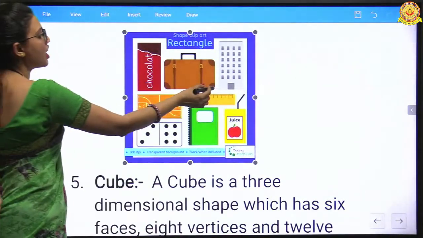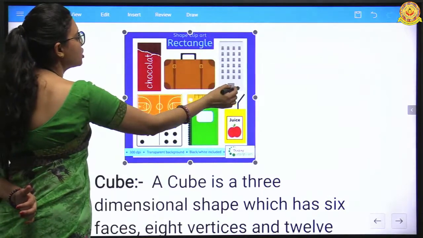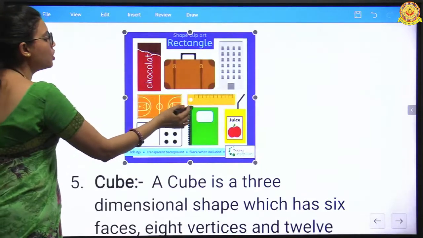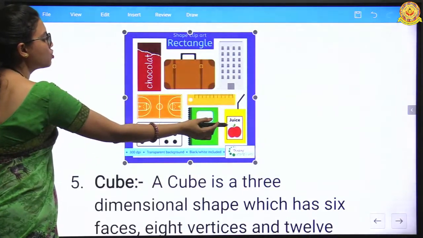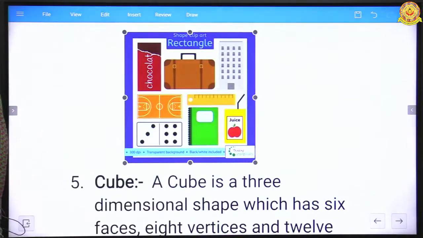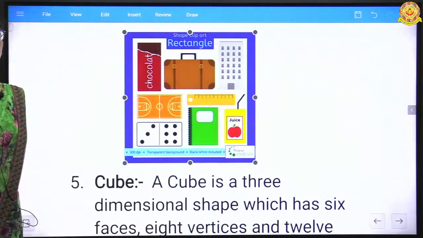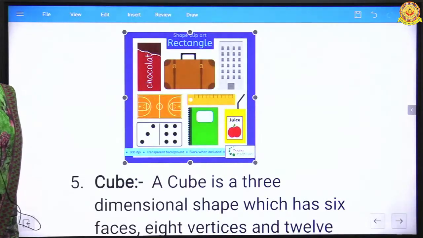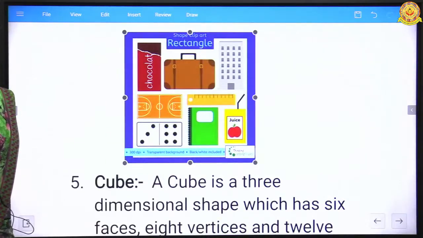The buildings are also looking like a rectangle shape, and the tennis court, your ruler, notebooks, your juice, dice, these things are looking like a rectangular shape. You have seen shapes in your daily life, so just focus on your surroundings and recognize the shapes.